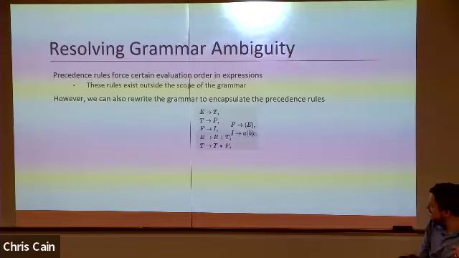Once you figure out or get a sense of exactly what it's doing or why it's working, see if you can draw out a parse tree for A plus B times C. Are there multiple ways to do that now?